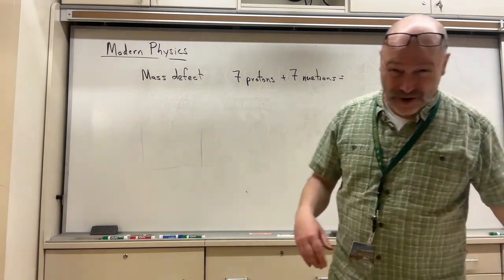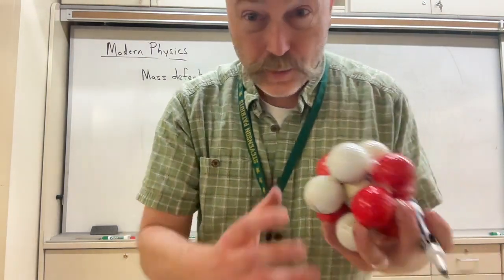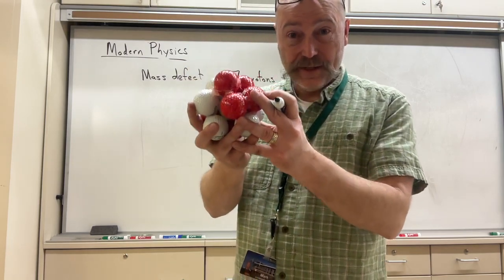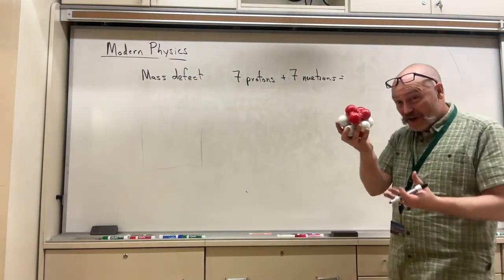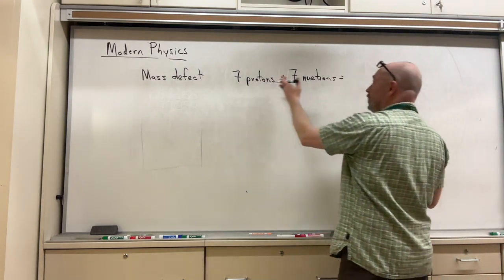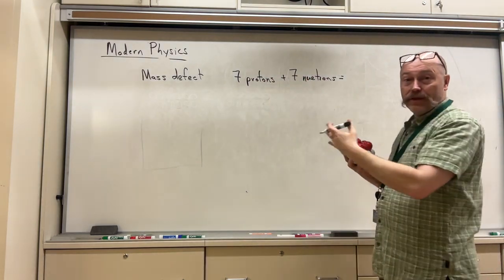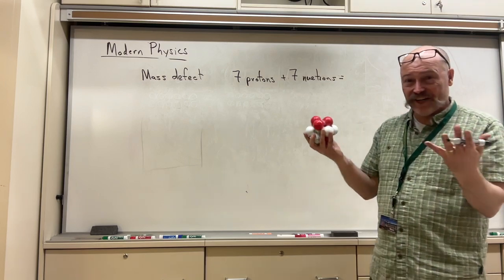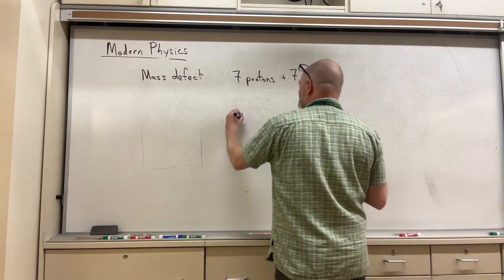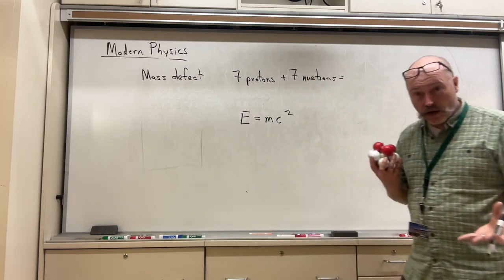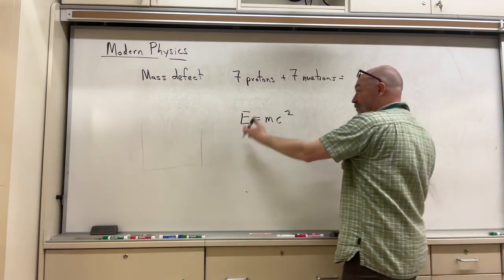But the crazy part is, when you actually combine them like this, the mass of this nucleus would actually be less than the mass of the individual protons plus neutrons. So then it's like, well, wait a second. How is that possible? Where's the energy going? And this is where you have to think of Einstein's famous equation, E equals mc squared. It's going into some energy.